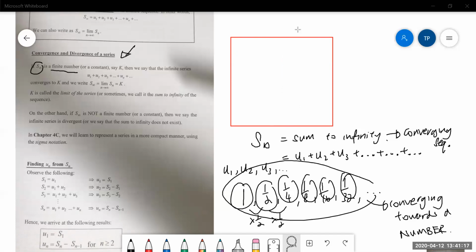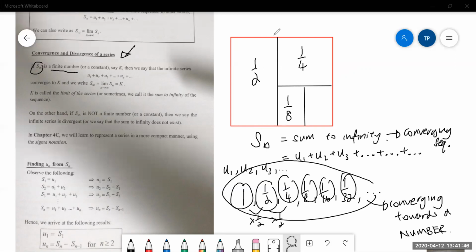So let's say I already have half a square. I'm going to add 1/4. So this is half, this is 1/4. Then after that, I'm going to add 1/8.